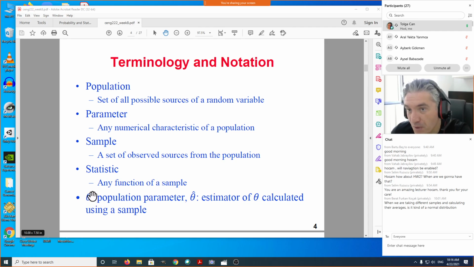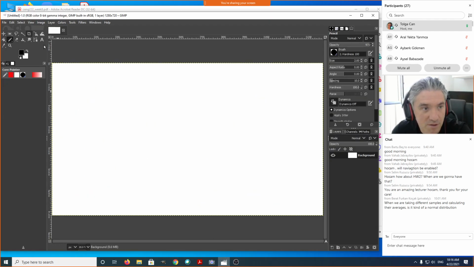Sigma and mu are specific cases. Theta is just the most general term. It may be mu, sigma, or variance. So that's what theta is about: something about the population.